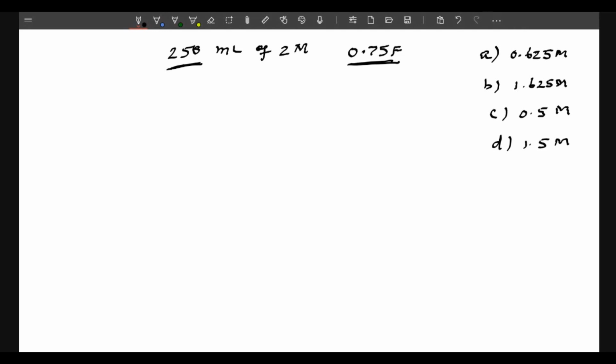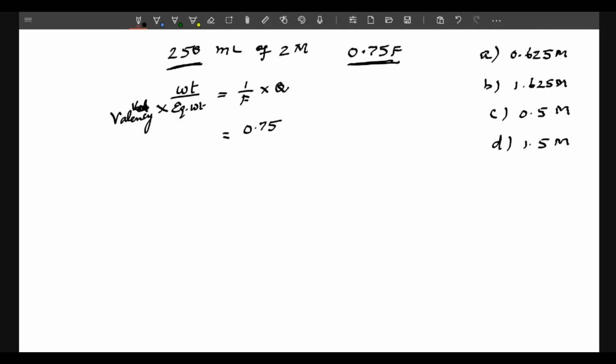As usual, the procedure is to find out the equivalent weight. Equivalent weight is equal to 1 by F into Q. The number of moles deposited would be equal to 0.75. Or you can also do one simpler way: multiply the equivalent weight with the valency, and you will directly get the molarity. That is the valency, or the electrons involved.